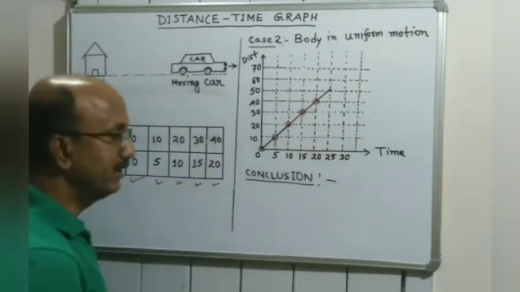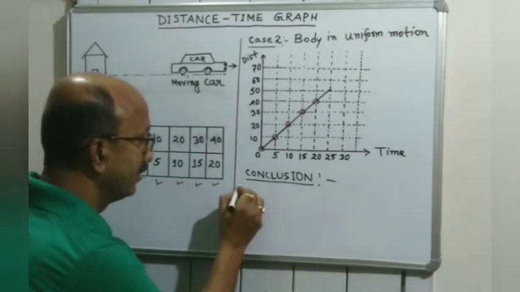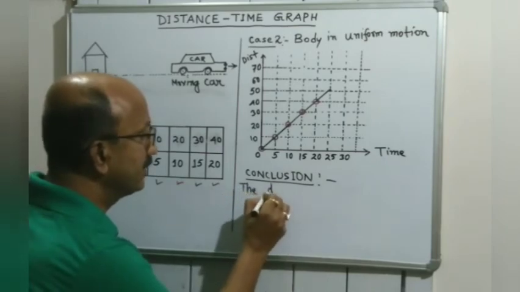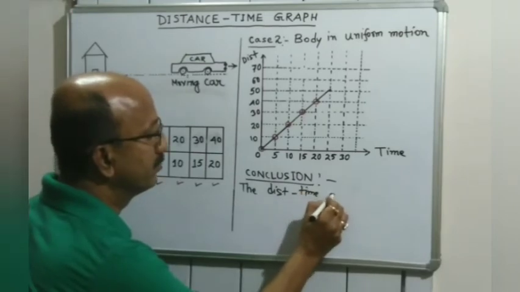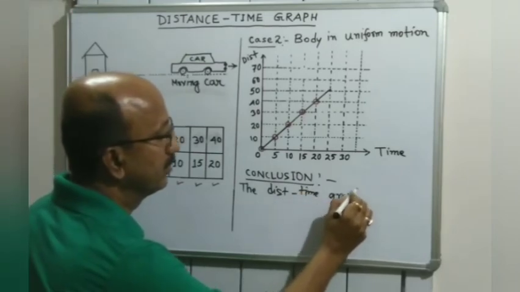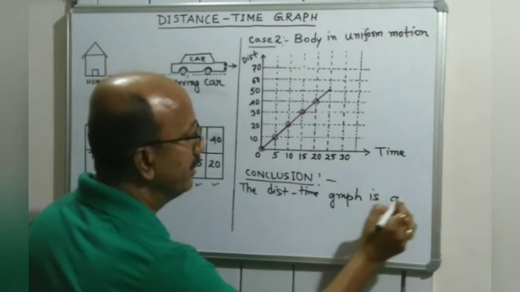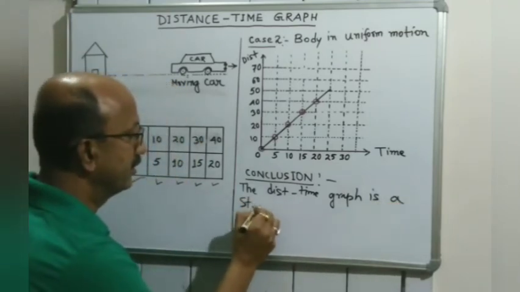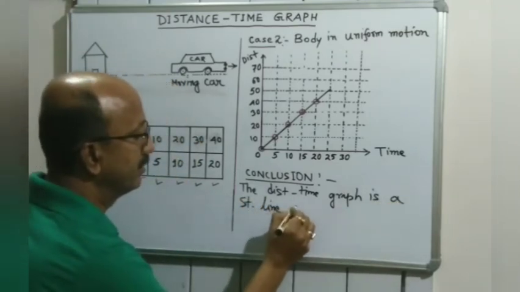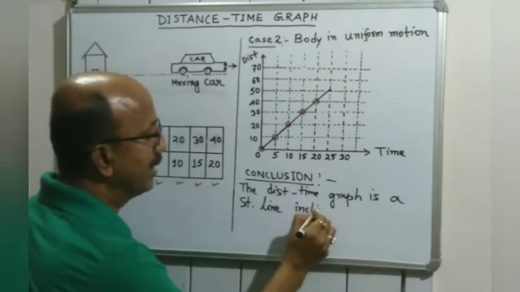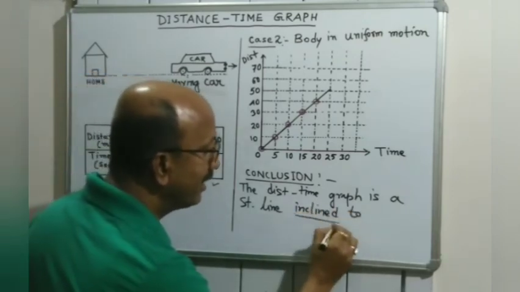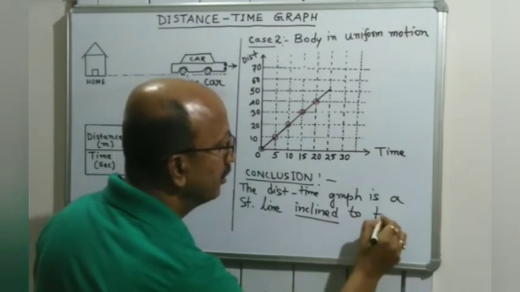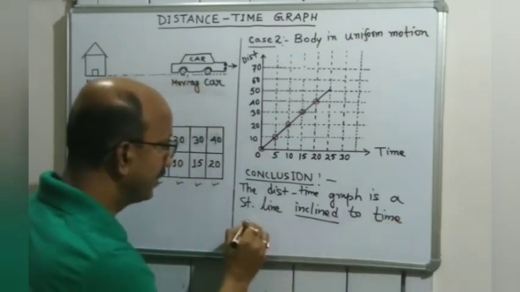So the conclusion here is the distance-time graph is a straight line inclined to the time axis.